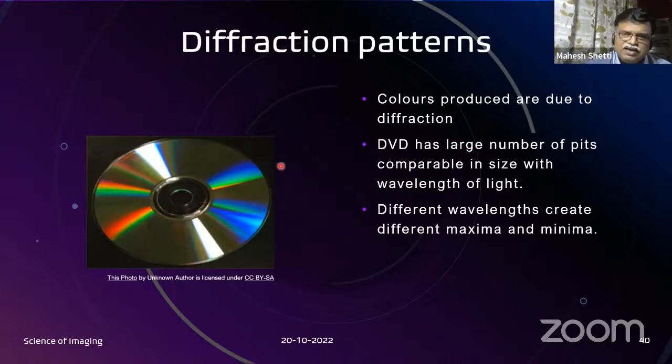We can see this diffraction pattern even in CDs. For example, there are pits and slots. The old CDs or DVDs, if you have seen, have different pits, and diffraction is a wavelength dependent phenomenon, and therefore when the light falls, different wavelengths get diffracted by different amounts, and you see colors.